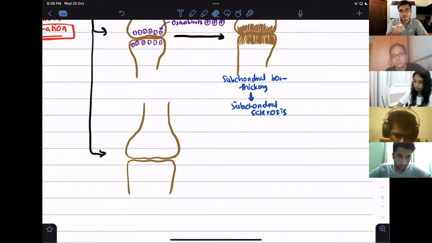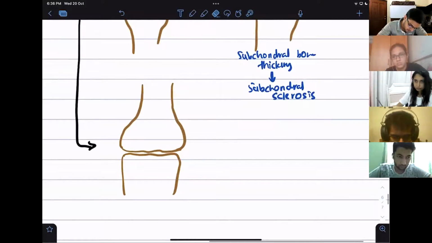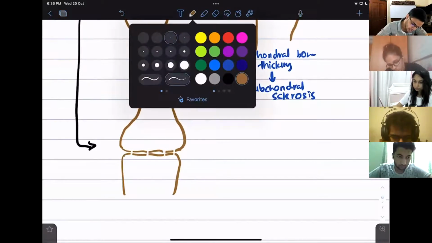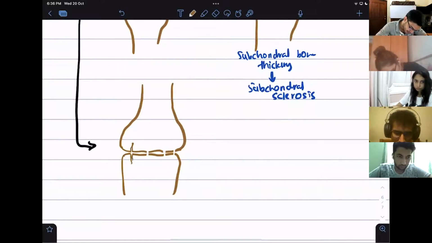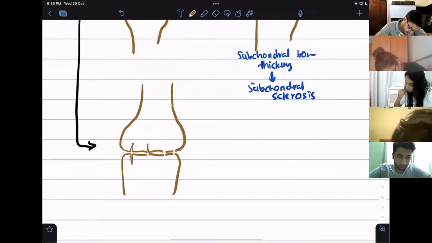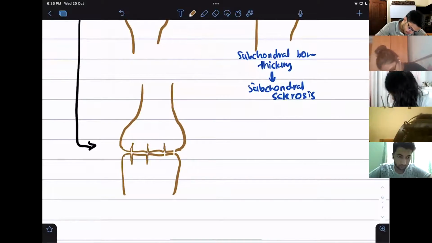Previously we saw focal apoptosis of chondrocytes. Now, as these bones are touching each other, there is going to be what we call subchondral micro cracks. These are not classified as fractures, guys. We just say subchondral micro damage.